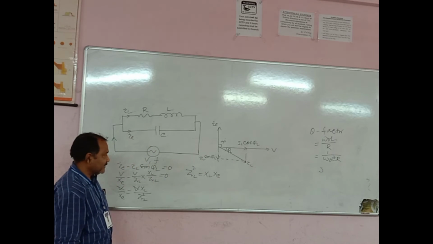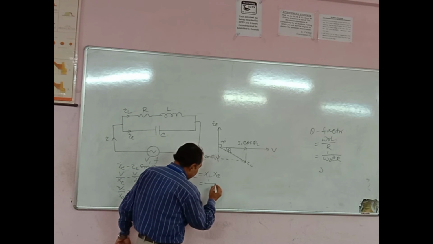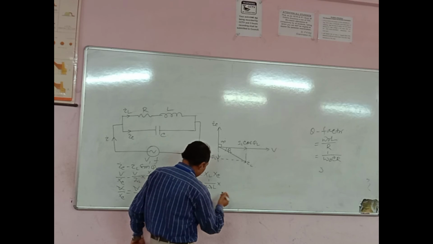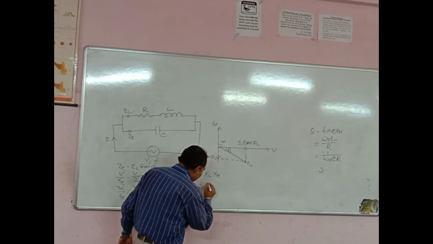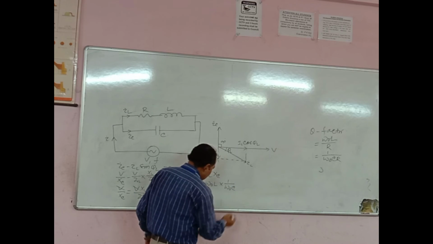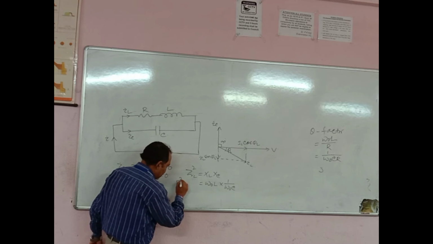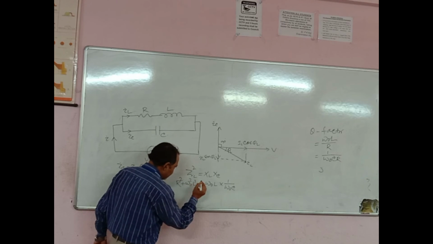Whenever we say XL XC, that is equal to omega 0 L into 1 by omega 0 C. Here ZL square will be equal to R square plus omega 0 square L square.